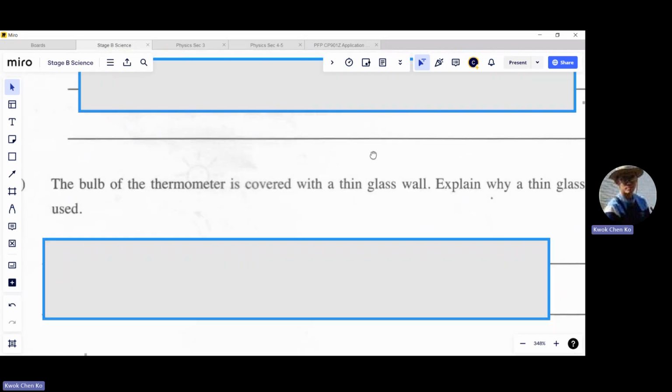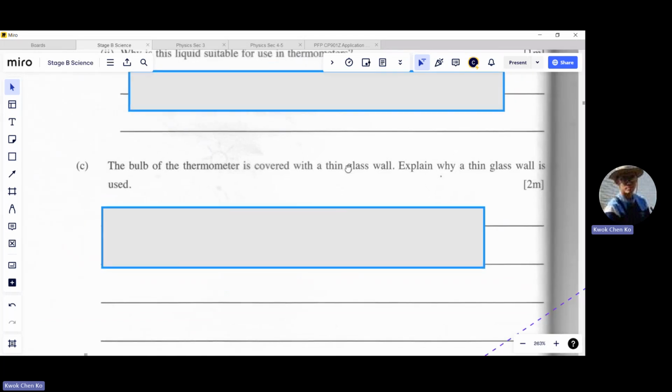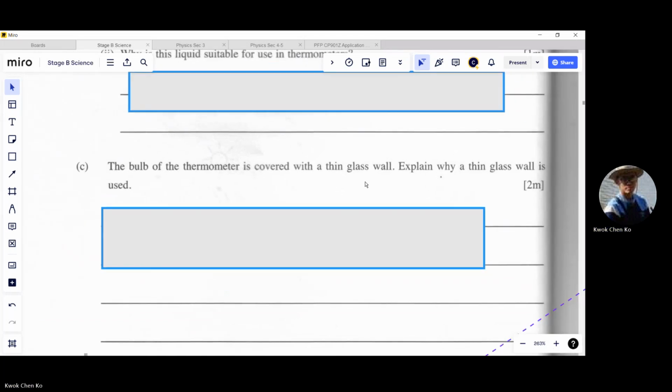Oh, but this one you must answer. Come, last one. Why is the bulb a thin glass? The bulb of the thermometer is something to think about. So that there's the most accurate reading.